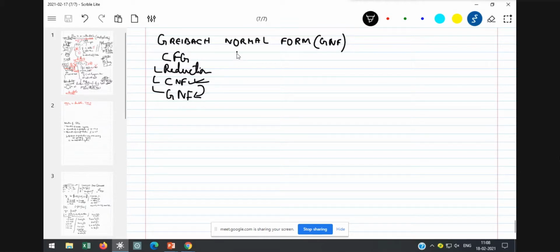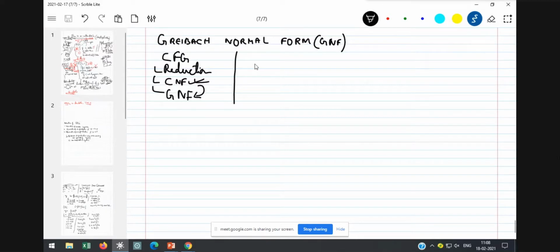After that, you need to convert to CNF, and only then can you proceed to GNF conversion. I've already mentioned that depending on the production rules of a given grammar, the format of the grammar might differ. So when can we call a context-free grammar as being in GNF format?